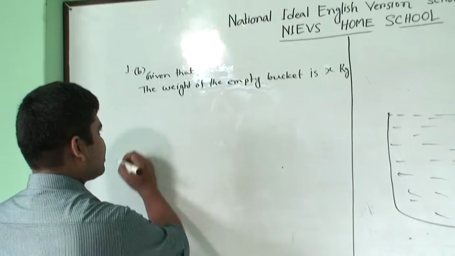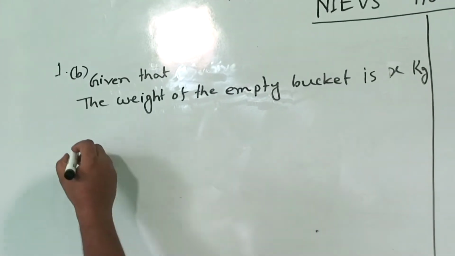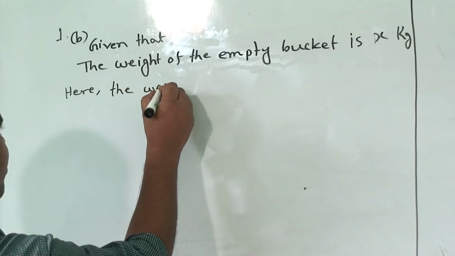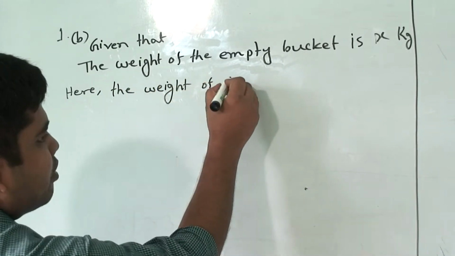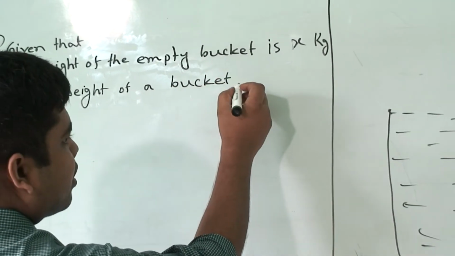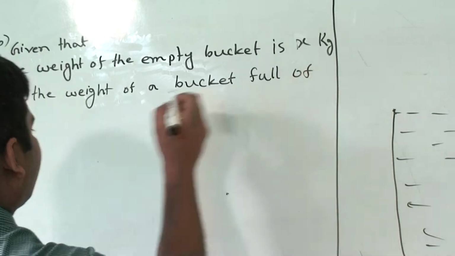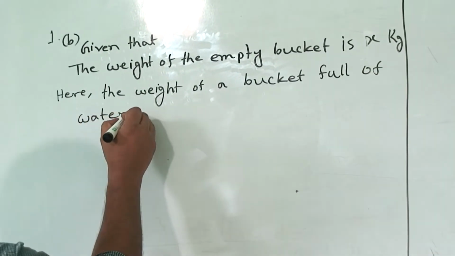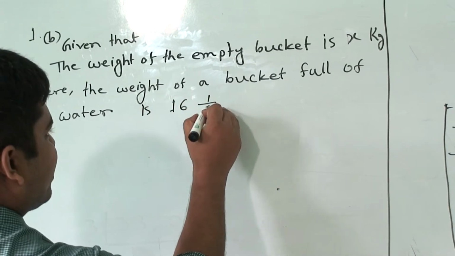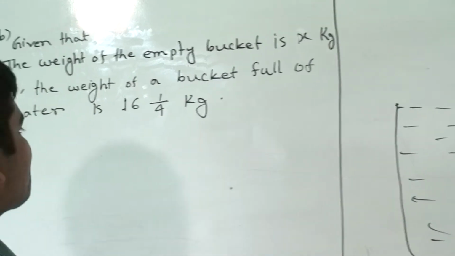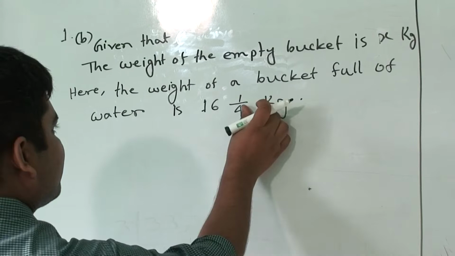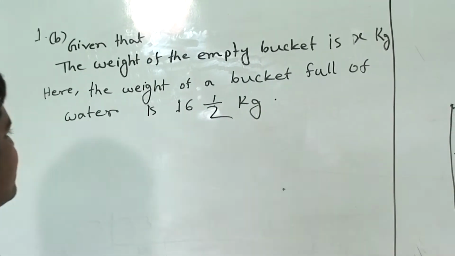So now write, here the weight of a bucket full of water is 16 into 1 by 2 kg.